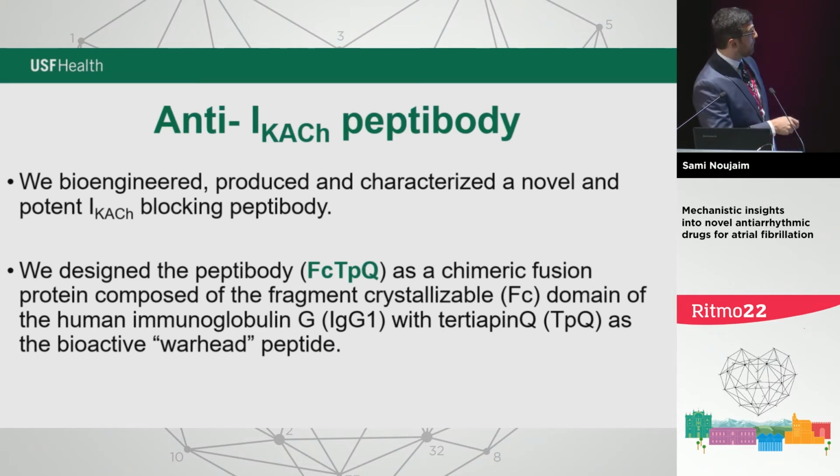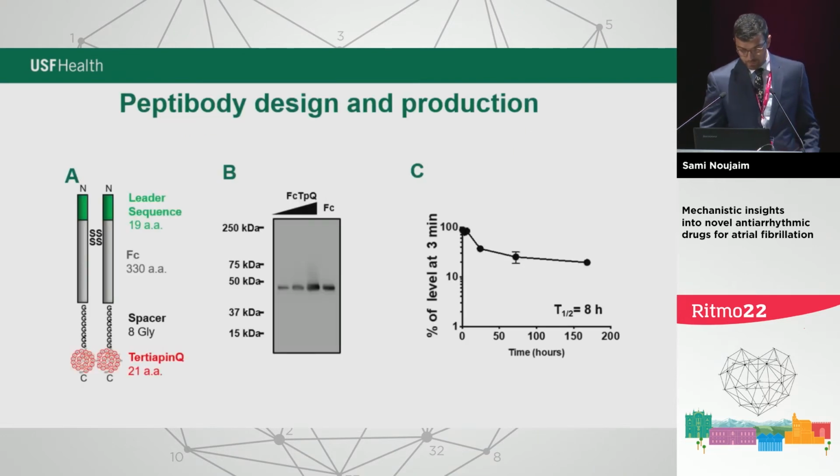We designed the peptibody, which from now on in my figures would be designated as FcTPQ, as a chimeric fusion protein composed of the Fc fragment of human IgG1 with tertiapine Q as the active warhead, hence Fc for the Fc fragment and TPQ for tertiapine Q. This is a cartoon of the peptibody.